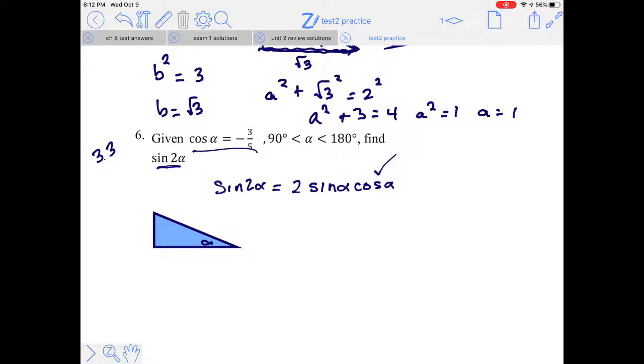You don't want to put it for the 90-degree angle. I could have put alpha up here in the top. It would have been the same. Now, we've been given the cosine of alpha is negative 3/5, so that means the adjacent length is 3, and the hypotenuse is 5.